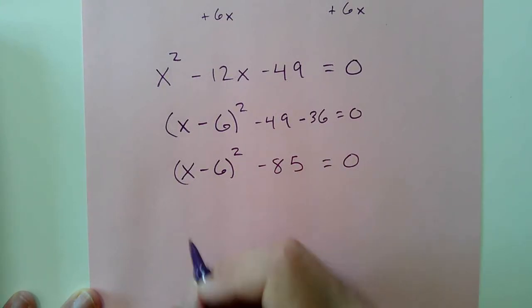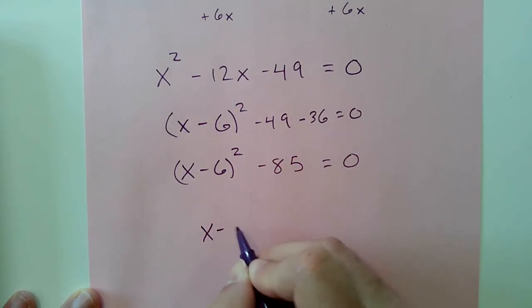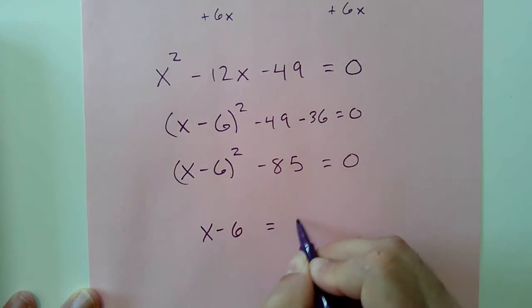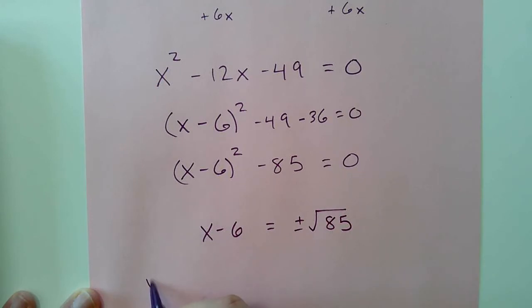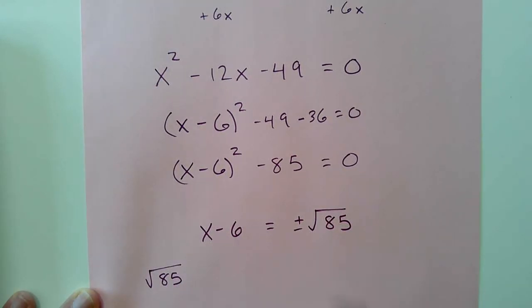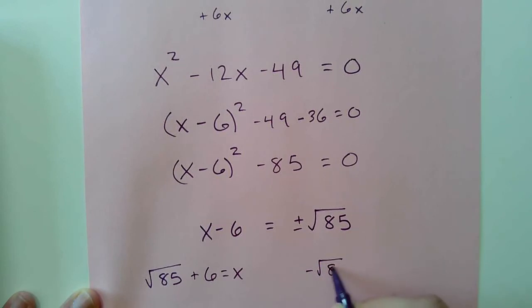Take a couple steps here. I'm going to have x minus 6 equals plus or minus the square root of 85, which is going to give me the square root of 85 plus 6 equals x, and then the negative square root of 85 plus 6 equals x.